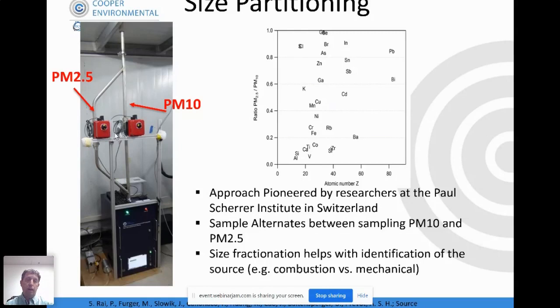These two red things are valves. The instrument can automatically send out a signal that will allow the user to toggle back and forth between these two different sampling pathways. And then the researcher, of course, can use that information to help identify the source based on what size fraction is predominant.